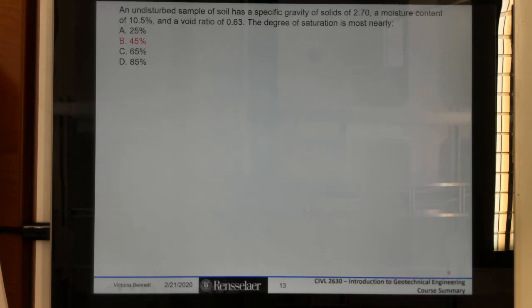Here's another one: an undisturbed sample of soil, specific gravity of solids 2.7, moisture content 10.5, void ratio 0.63. The degree of saturation is most nearly which? So here's the classic.